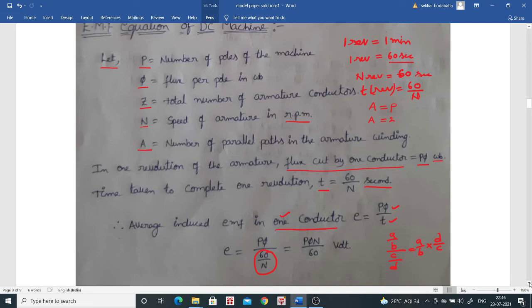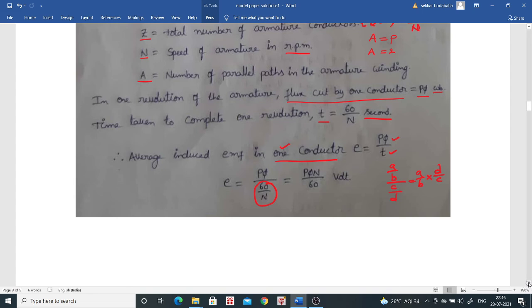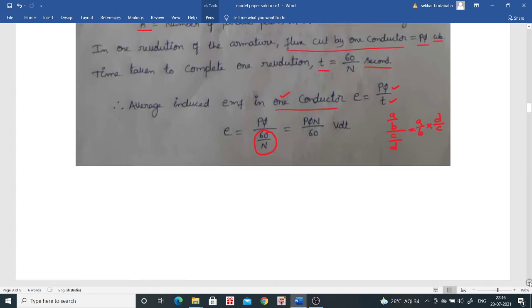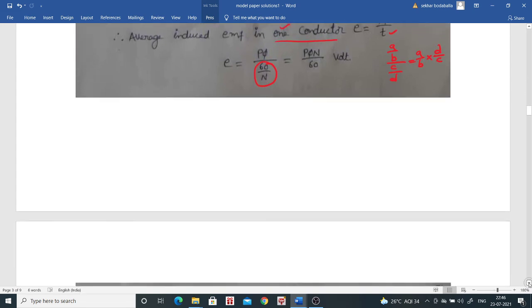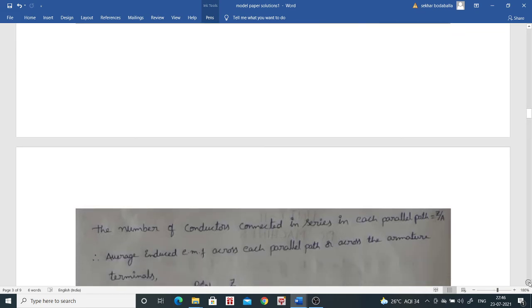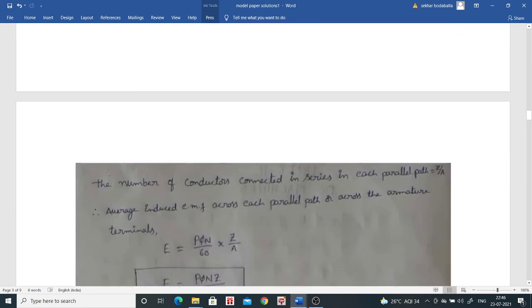So if I want to find the average induced EMF in the armature, see, the total number of conductors is Z. These Z conductors are arranged in A parallel paths. That's why the number of conductors in series in each parallel path is Z by A.